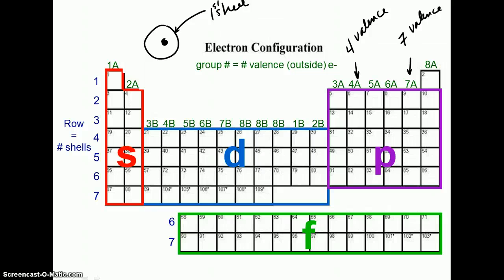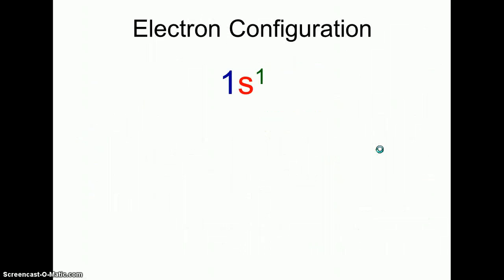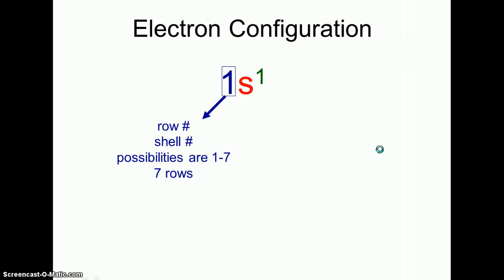So let's say we want to write down the electron configuration of something. Here would be an example. Here we have an electron configuration where it's 1s1. Remember, this tells you what row that electron is in.